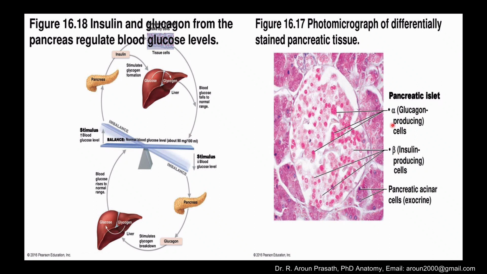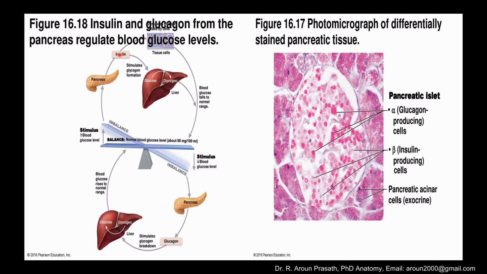Okay, so when the blood glucose level increases in the blood, what happens? Immediately the pancreas will sense it and release insulin. So what is the role of insulin? Insulin acts as a catalyst to convert glucose into ATP, that's the energy, calories.